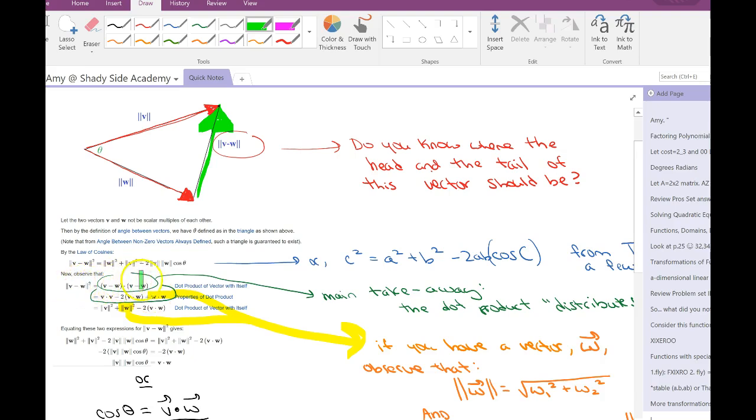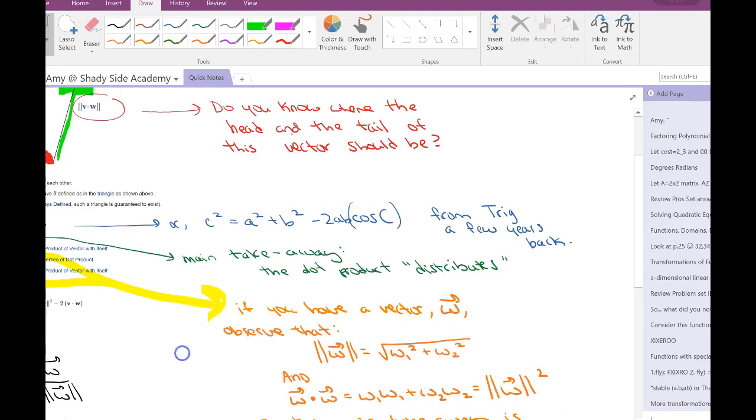You'll understand this first line by understanding my yellow over here. If you have a vector w, observe that the magnitude of vector w equals the square root of component squared plus component squared. This is old news.